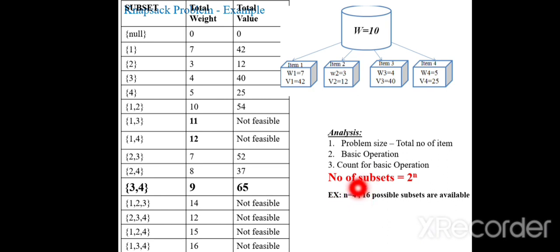For example, when n is equal to 4, 16 possible subsets are available. But as n grows, this brute force technique goes beyond the expected level. When n is equal to 5, we have to try out 32 possible subsets. Think about when n gets to 10, and comment your answers.